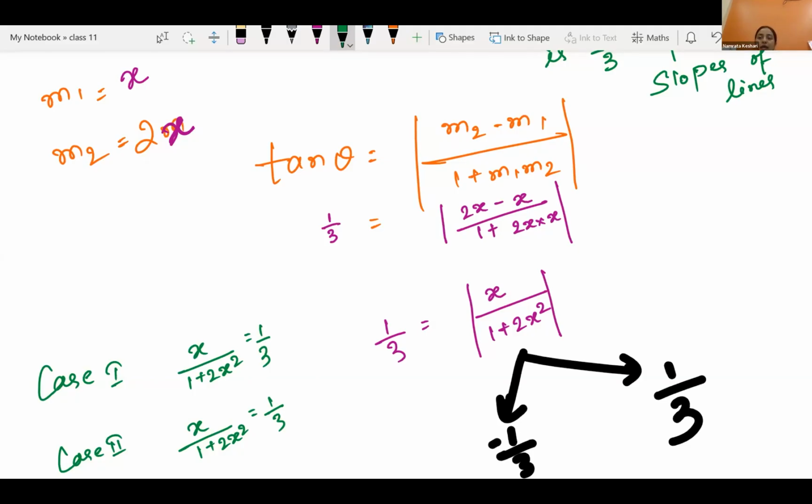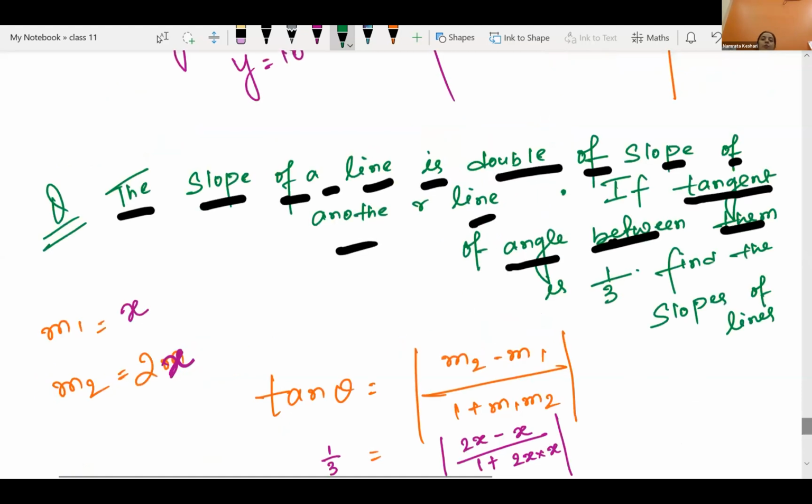But before that, please tell me, have you noted down the question? The slope of a line is double the slope of another line. If the tangent of the angle between them is 1 by 3, find the slope of the lines. Clear?